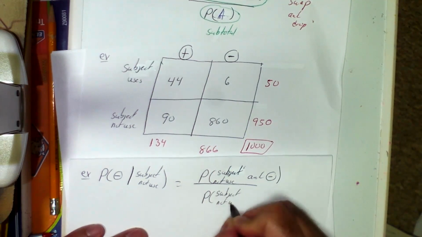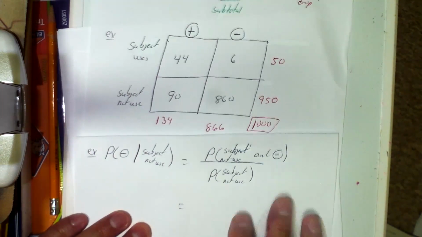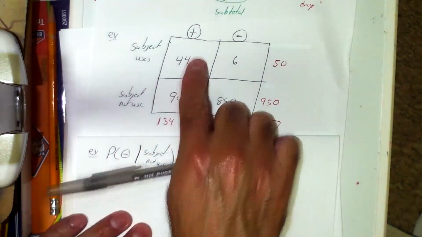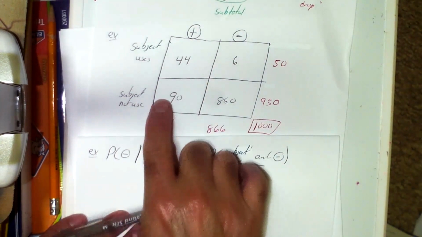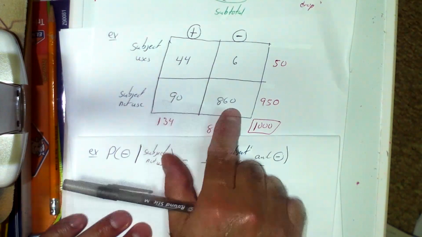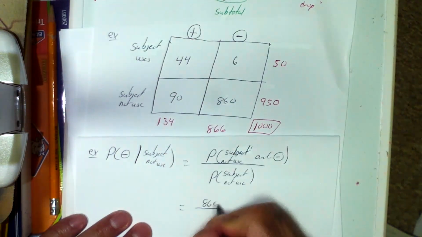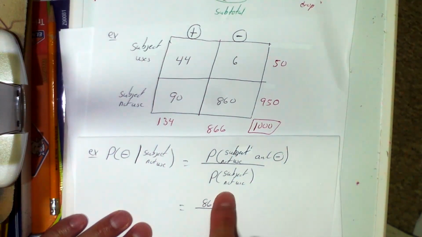For the top, I need the value within the box where subject not used and negative meet. There it is: 860. So 860 divided by the total number of subjects that did not use.